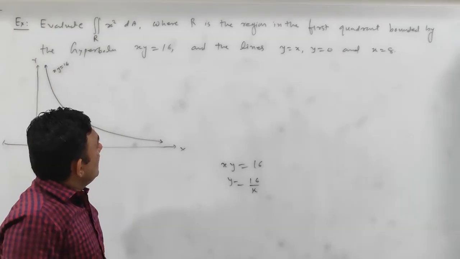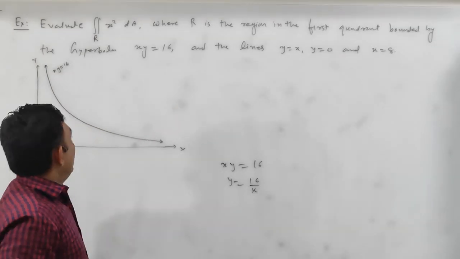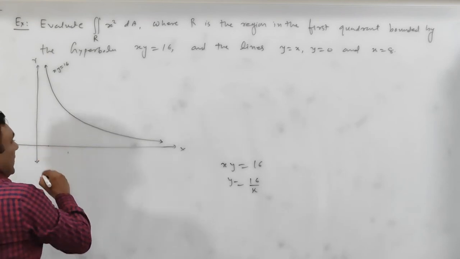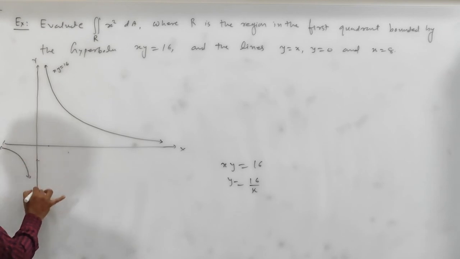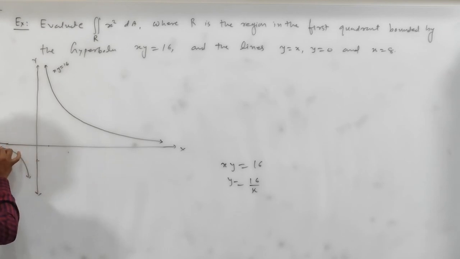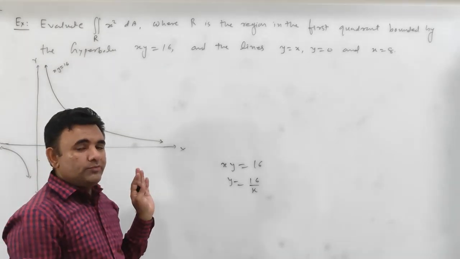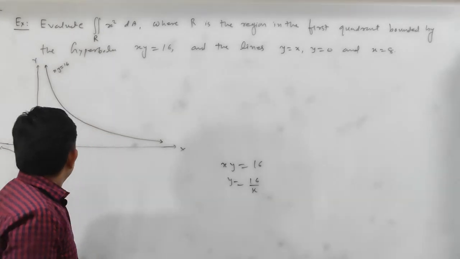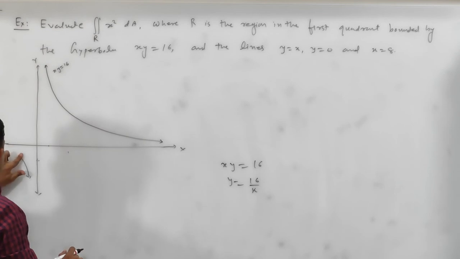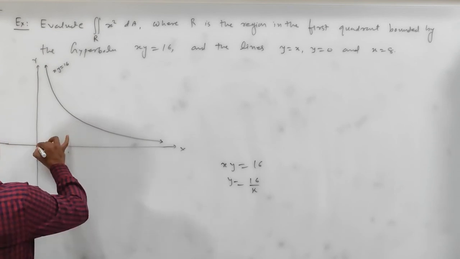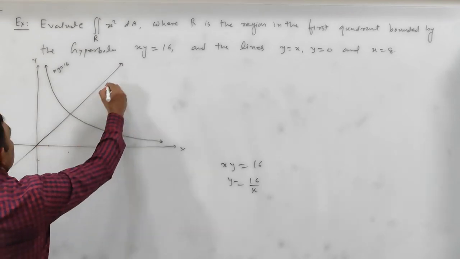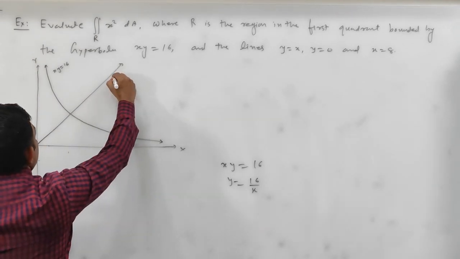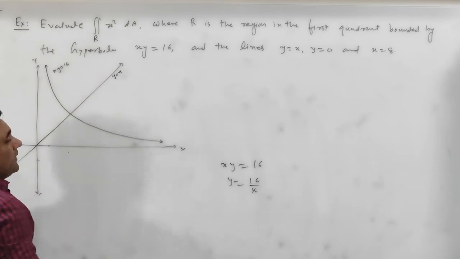The other branch is in the third quadrant, but we are interested only in the first quadrant, so no need to sketch that portion. Now the line y equal to x is like this.